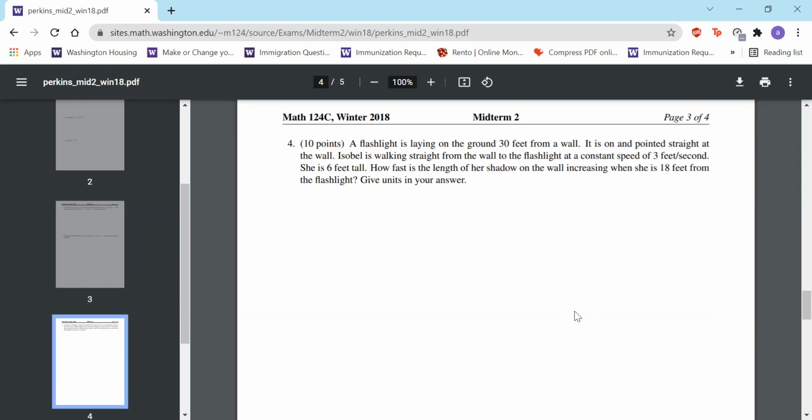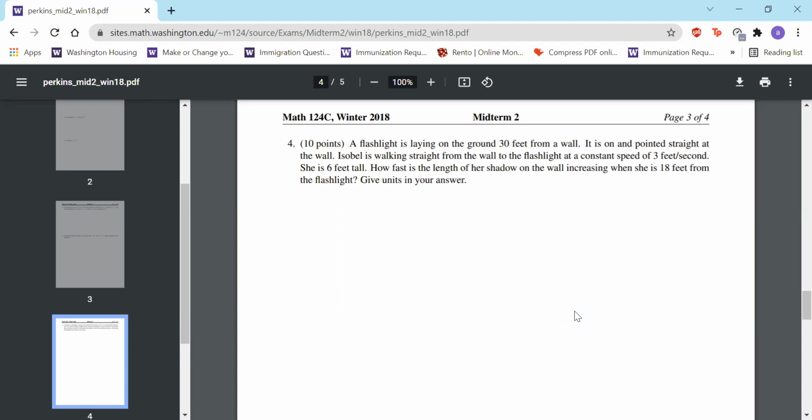For this problem, it is a similar triangle. Let y be the length of her shadow on the wall, and x is Isabel's distance from the flashlight. Then dx/dt is negative 3 feet per second.